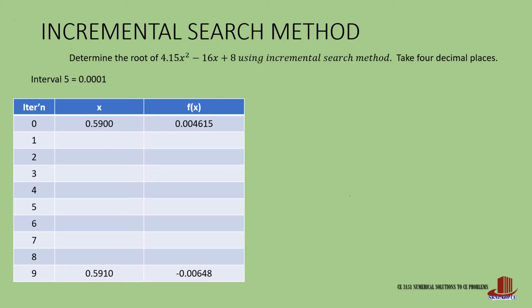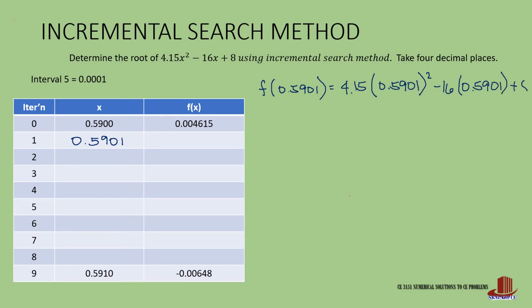Let's start with 0.5901 by plugging it into our function, thus having 4.15 of 0.5901 squared less 16 of 0.5901 plus 8. We get positive 0.003505.